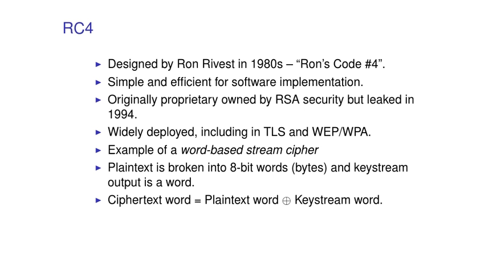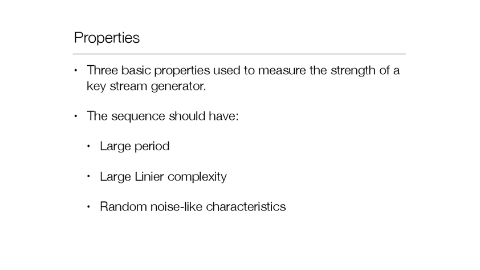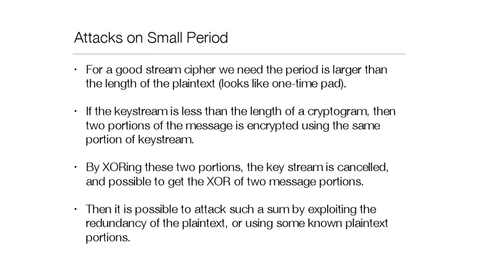Then you have to understand the properties for measuring the strength of a stream cipher using these three measures, and attacks on small period and attacks on smaller linear complexity.